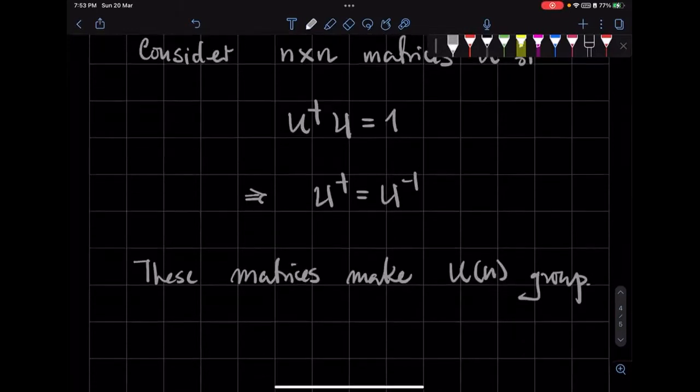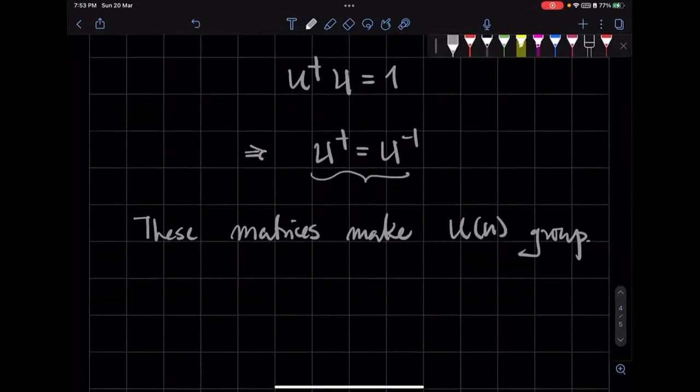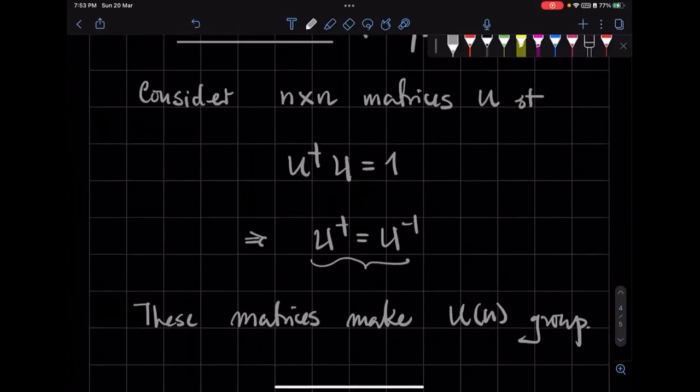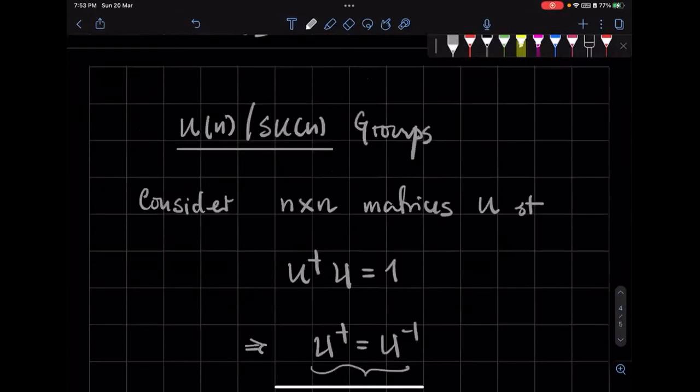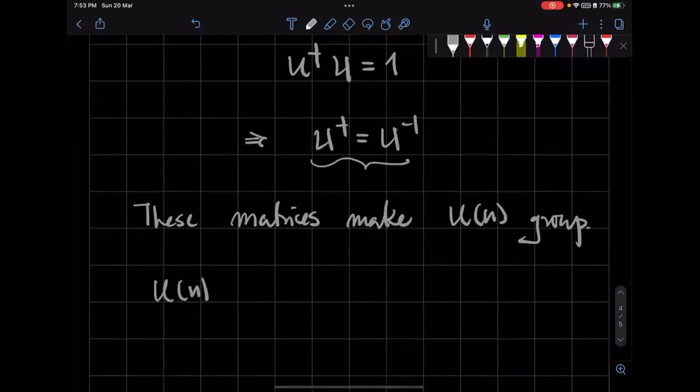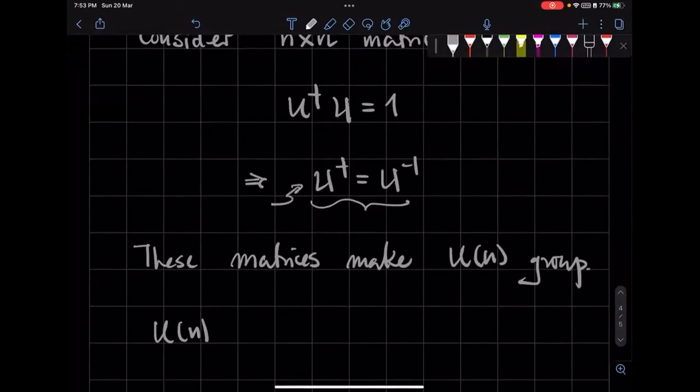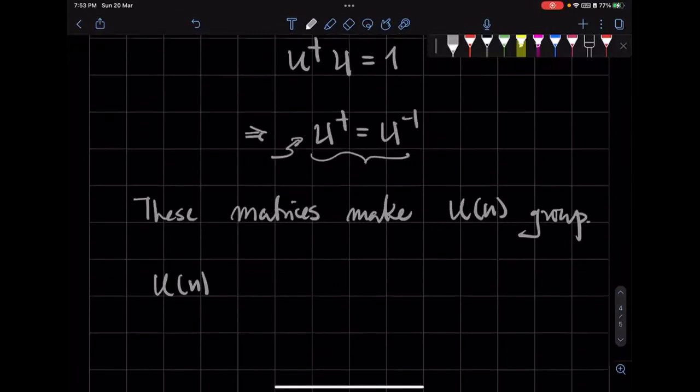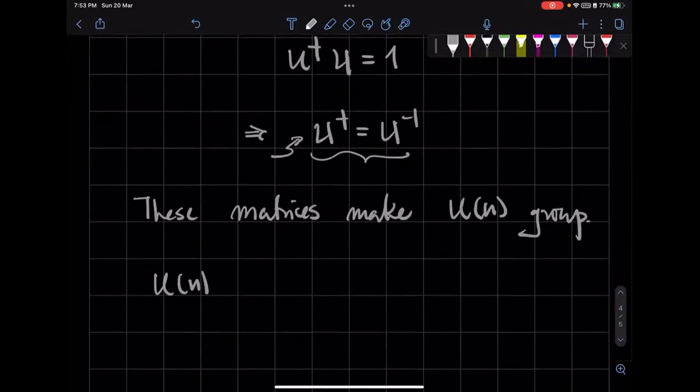And it's easy to show that this condition cuts down the number of independent parameters to half. Because UN matrices are complex valued, right? Otherwise taking the Hermitian conjugate is not anything meaningful.